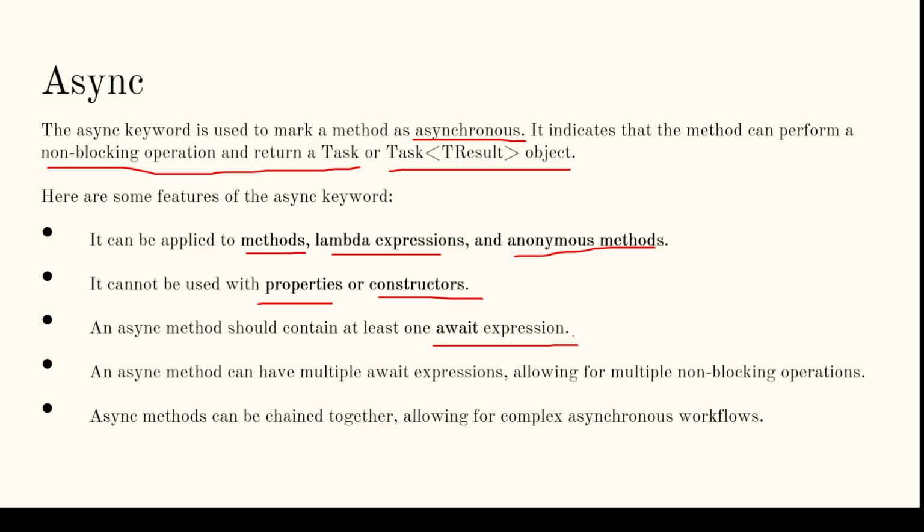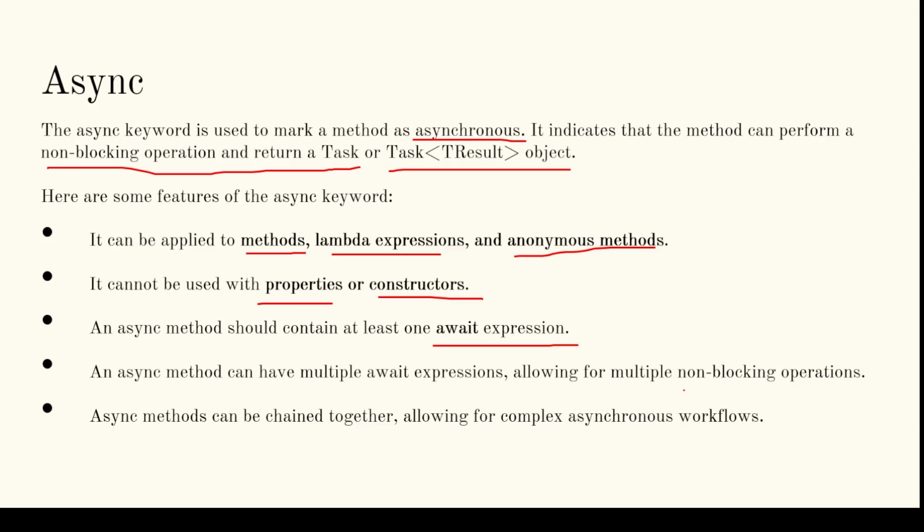So to make the method call asynchronous, we have to use at least one await expression in our method. An async method can have multiple await expressions, allowing for multiple non-blocking operations. So within one async method, you can maybe use two API calls, or you can call one API and one database call. The point I'm trying to make is that we can use multiple await keywords in one async method.